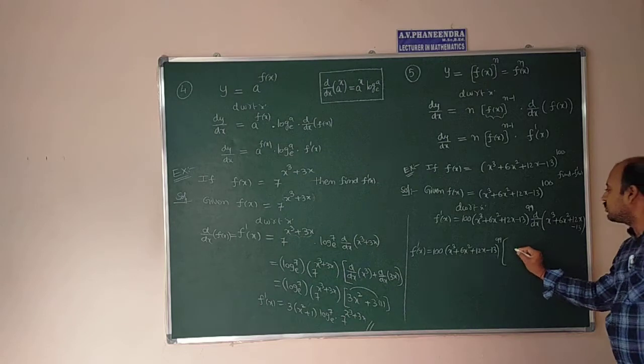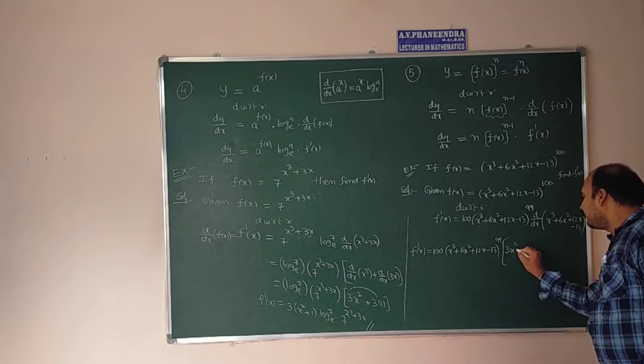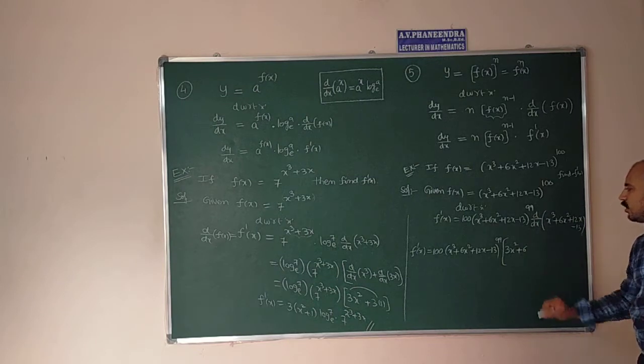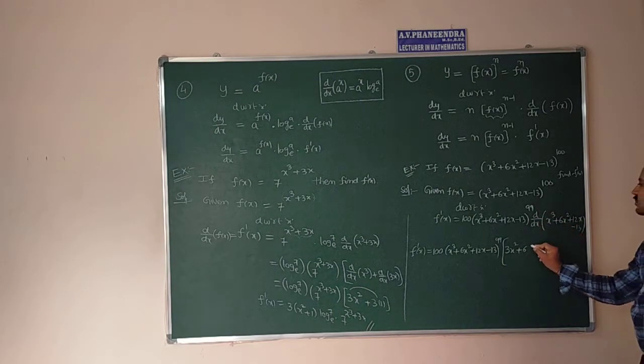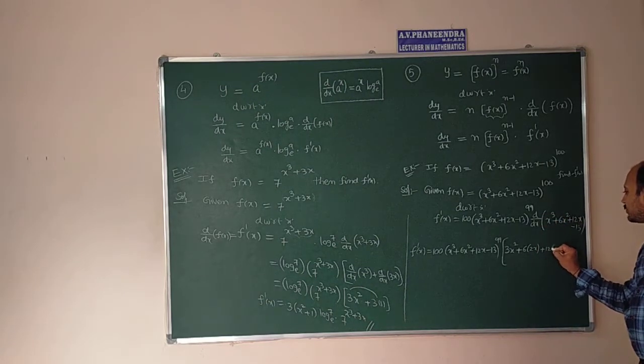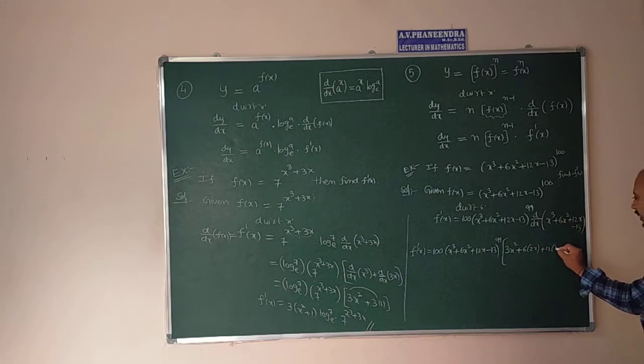D by dx of x cube is 3x square plus d by dx of 6x square. 6 constant you can take outside. D by dx of x square is 2x. D by dx of 12x. 12 constant you can take outside. D by dx of x is 1 minus d by dx of constant is 0.